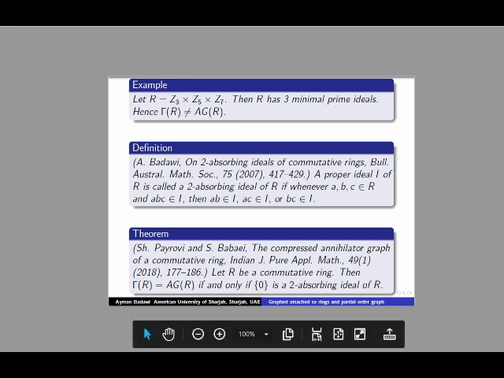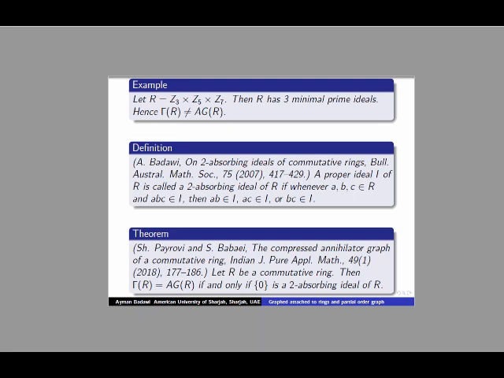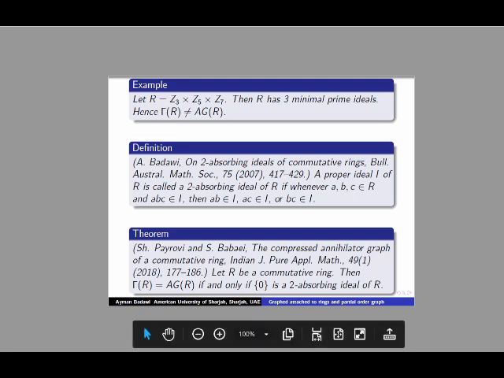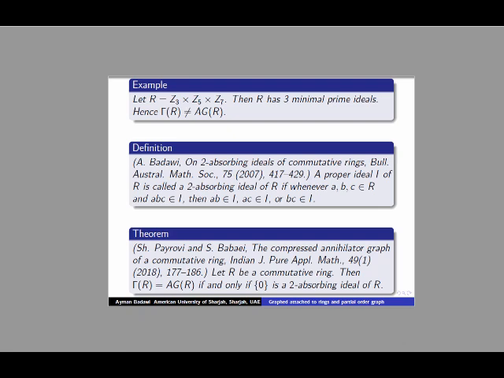When I saw that, I thought this is a very beautiful result. It's amazing how this is connected. I mean, what does two-absorbing have to do with the graph? But it turns out that these are the same if and only if 0 is a two-absorbing ideal of R. Very nice result.